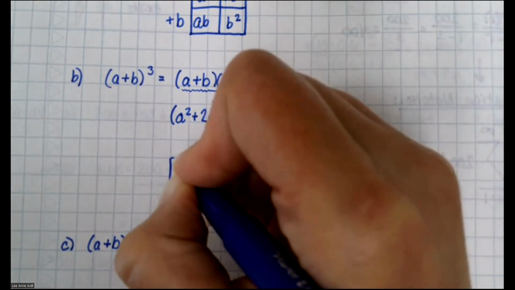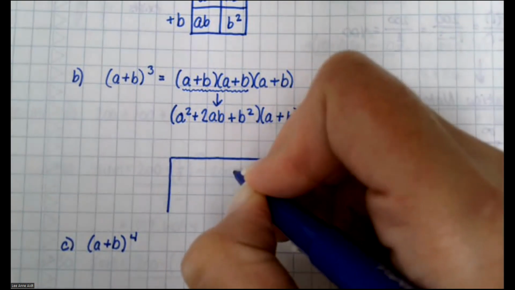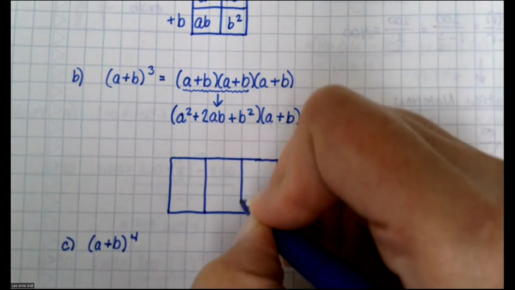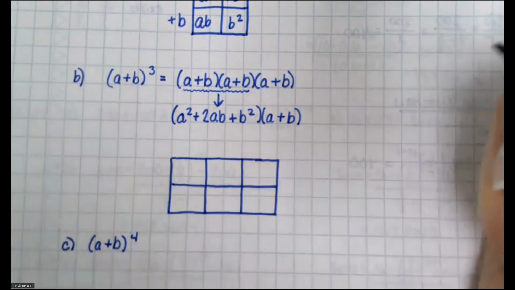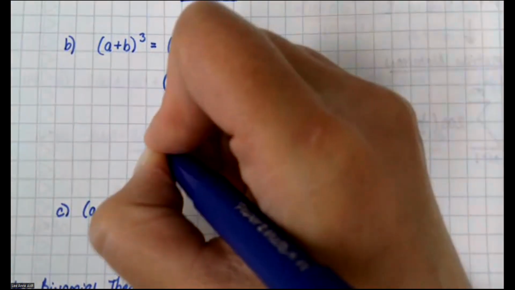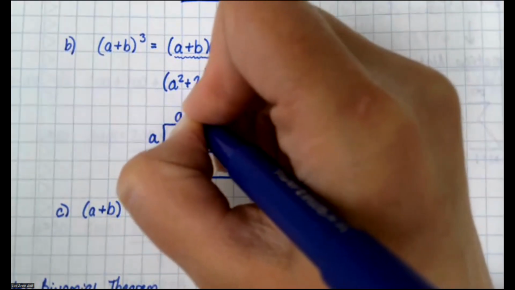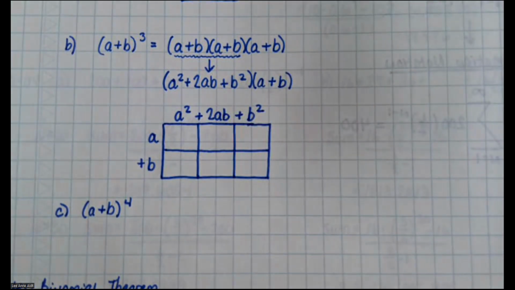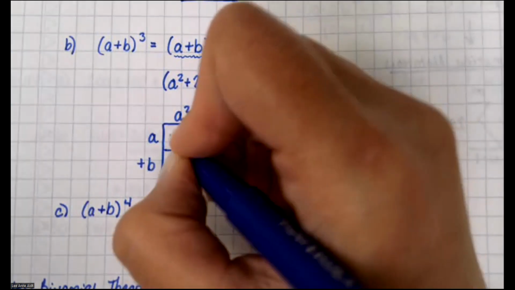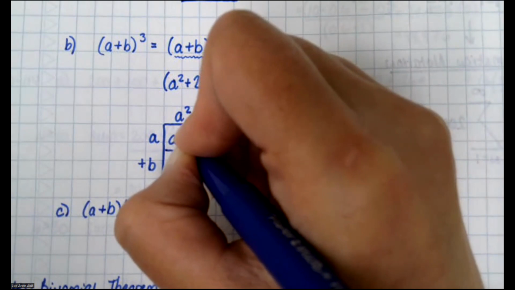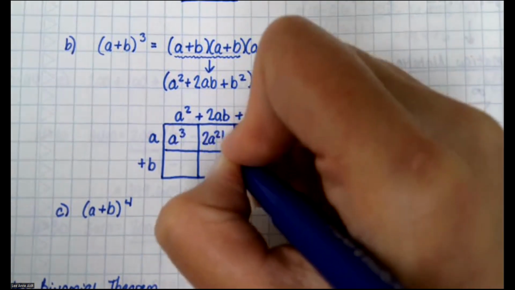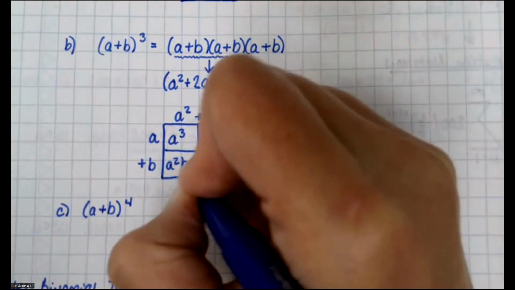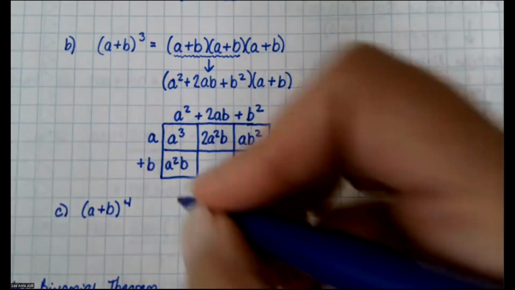So 1, 2, 3, 1, 2, 3. Remember about the alphabetical order thing I was saying?